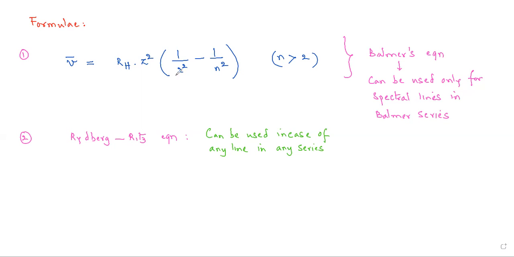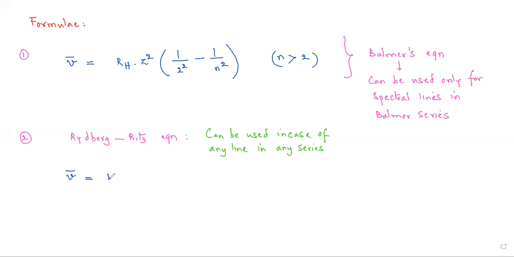Okay, of course, the same thing is being modified. Check out this. See, this is the lower energy level, right? In case of Balmer, so that can be given as N1. And this is anyway greater than 2. For Balmer, of course, N2 is anyway greater than 2. So this is N1 and this is N2. This is what is being used by Rydberg in giving his expression.